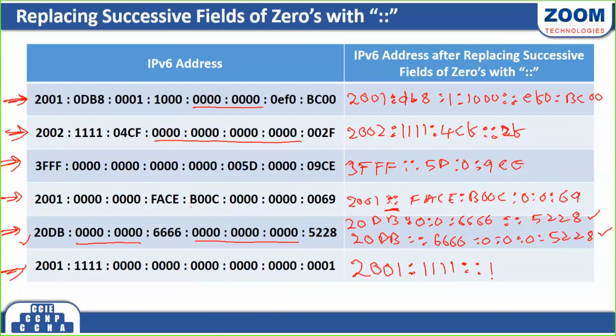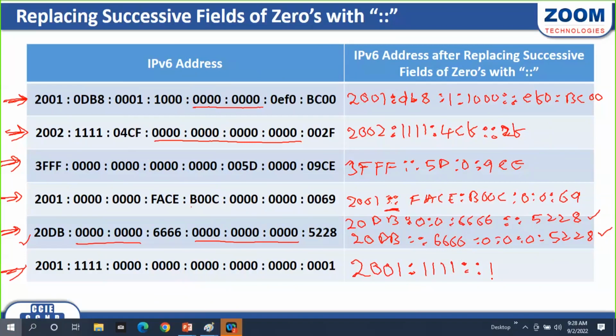Finally, we simplify like this. Easy, IPv6? If you understand the logic, everything is simple. Using these basic rules we can represent an IPv6 address, and we'll continue with one more logic.